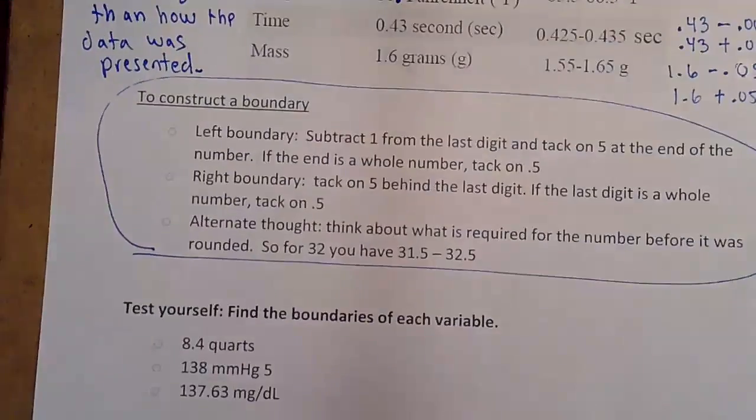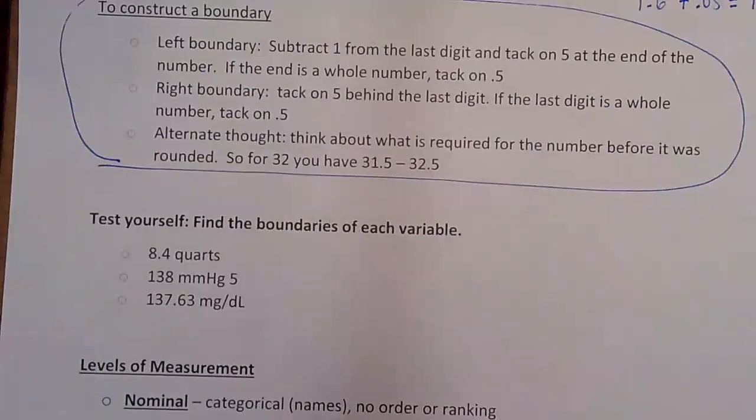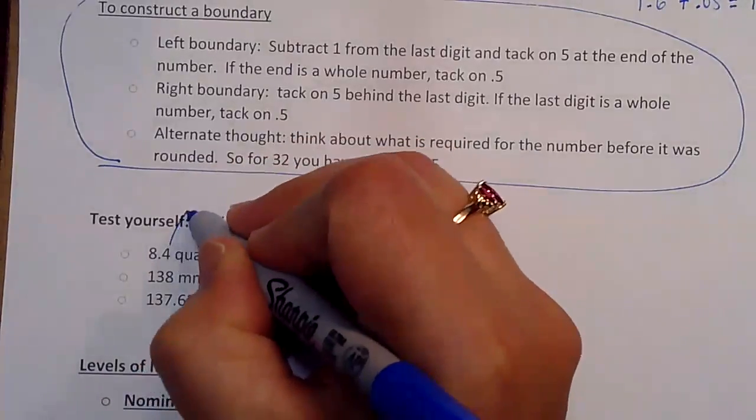Okay, so these three examples down here are for more practice to test yourself. Look at the 8.4 quarts. See how that's in the tenths place? So you want one decimal place beyond that, which is the hundredths place.